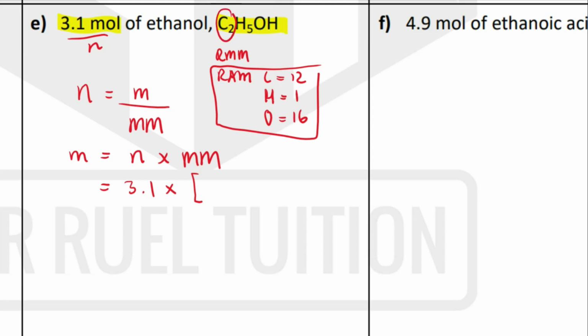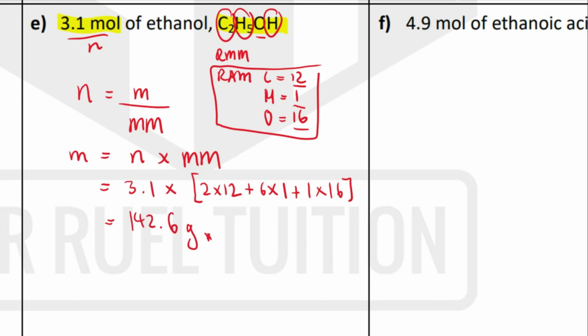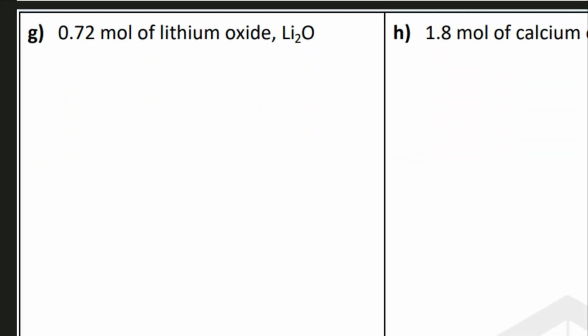We see there are 2 carbon atoms in ethanol, which means we multiply 2 times 12 because the relative atomic mass of carbon is 12, and 6 hydrogen atoms, so we add 6 times 1 since the relative atomic mass of hydrogen is 1, and we have 1 oxygen, so 1 times 16. And the answer here is 142.6 grams.